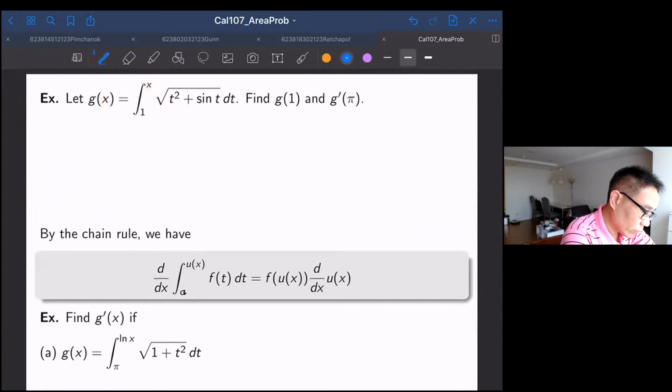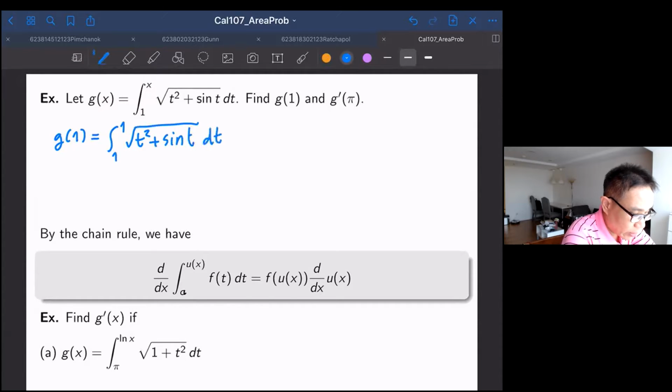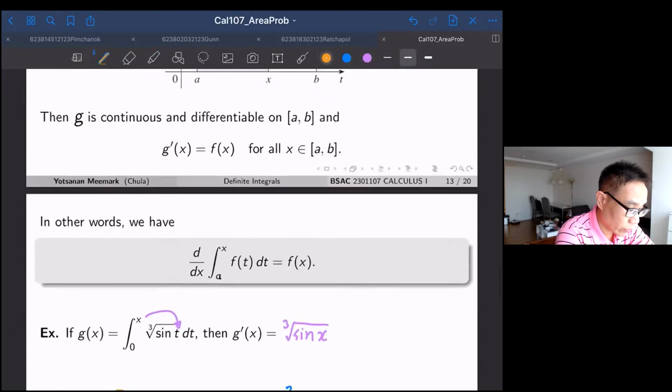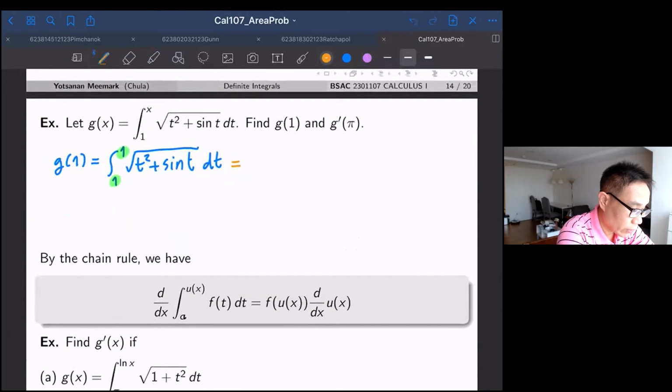Integrating from the same point, as I told you last time, the width is 0, so you get 0.